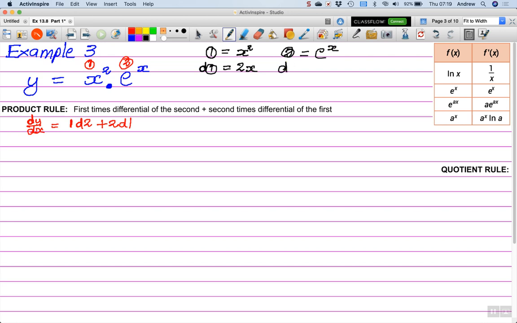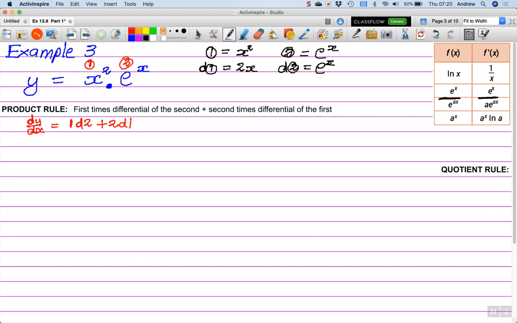What's the differential of e to the x? Well, it's here. The differential of e to the x is e to the x. So you've now got that. So what you have now is 5 marks out of a possible 10.